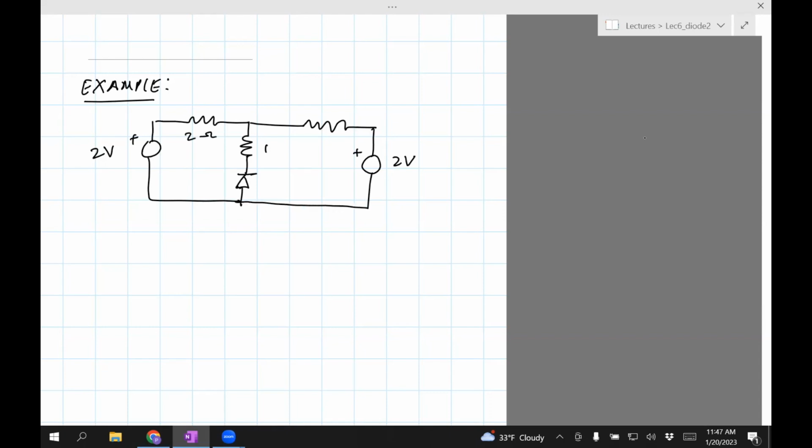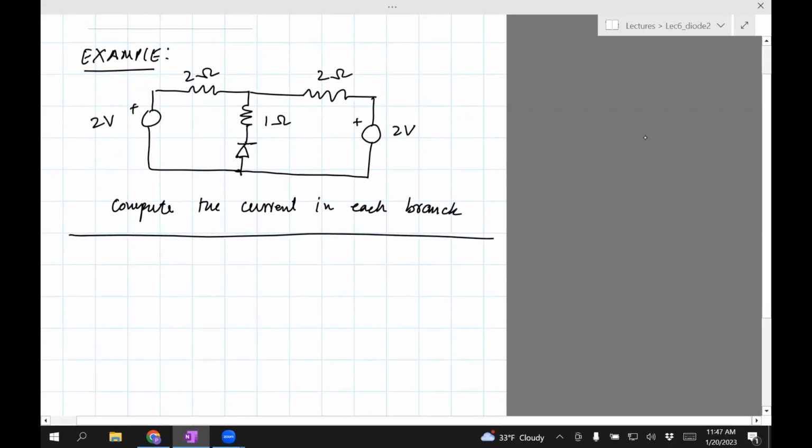This is 2 ohm, 1 ohm, 2 ohm. Okay, so this is the circuit, and the question is: compute the current in each branch. Okay, so this circuit involves a diode, so we want to always start assuming that the diode is conducting.